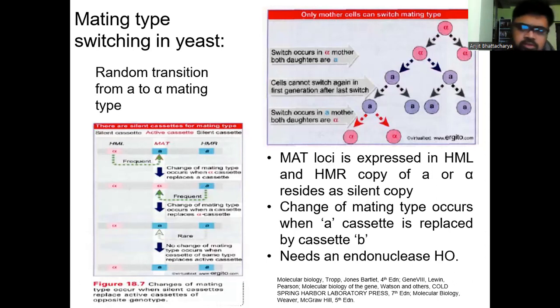There are other events also, like expression of variable surface glycoproteins by some parasites. But for now, we would consider mating type switching in yeast. So in our next segment of discussion, we will discuss mating type switching and some other biologically relevant phenomena associated with homologous recombination.